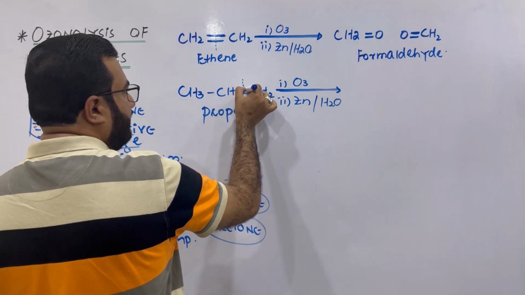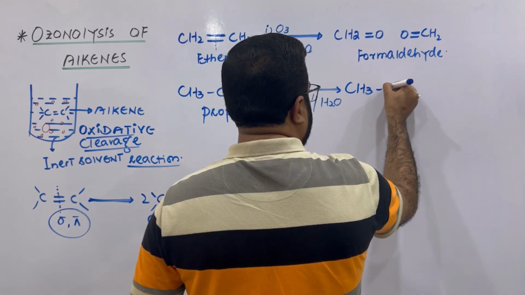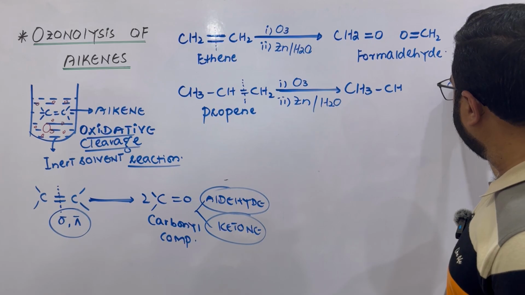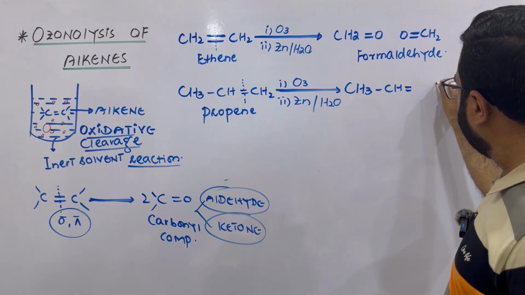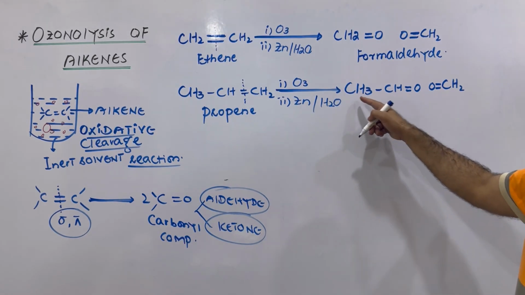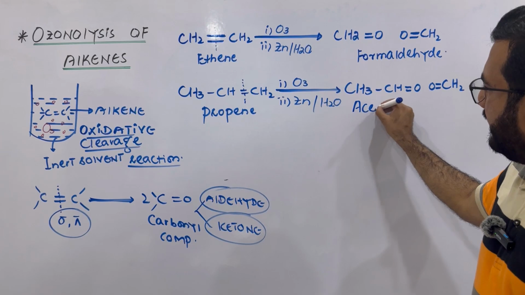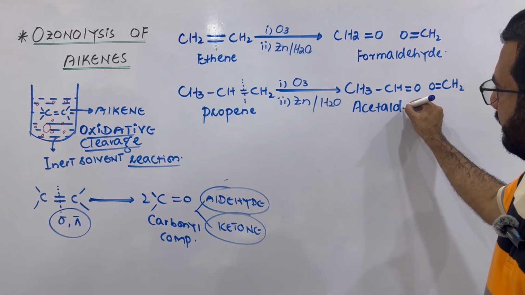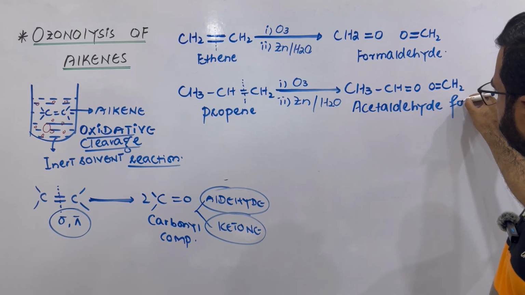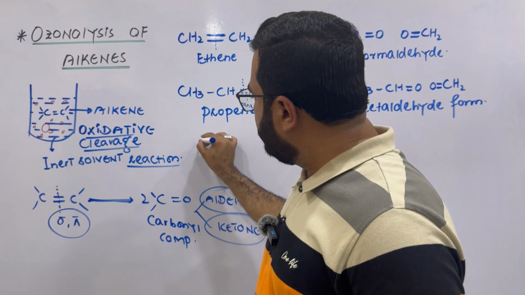Again the double bond will get cleaved, and the carbons which were first joined by the double bond will get one oxygen atom each. So this one is acetaldehyde and this one is formaldehyde. In this case you will get a mixture of acetaldehyde and formaldehyde.